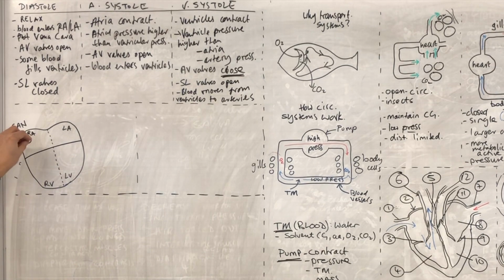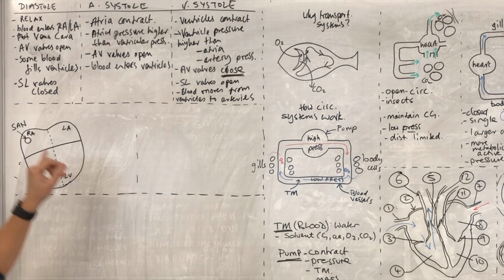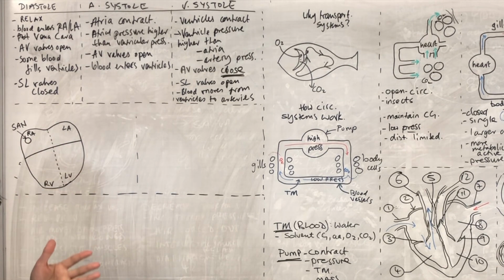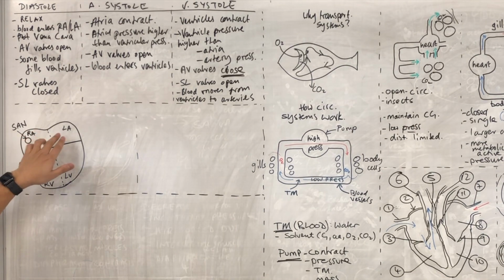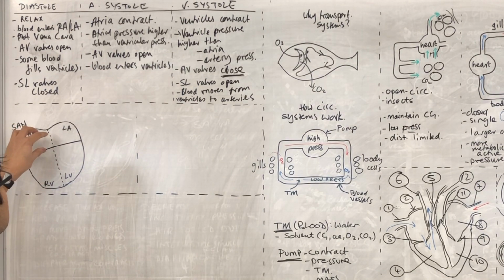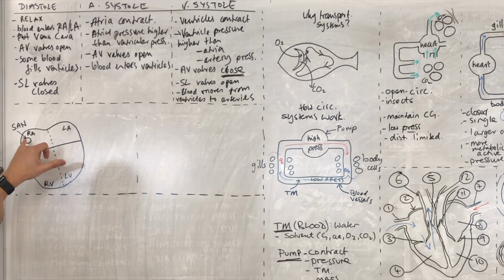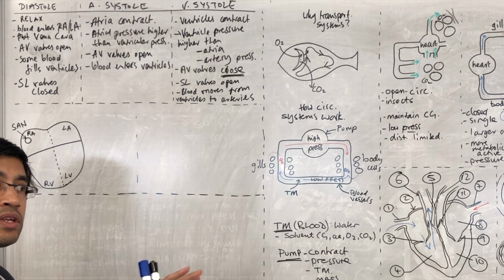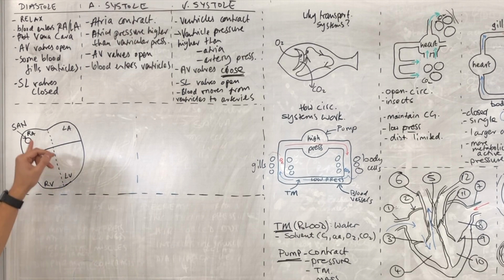So periodically it's sending out a wave of excitation through the muscle cells. Remember, these cells are interconnected, and when it does that, the wave of depolarization causes the muscle in that area to contract.